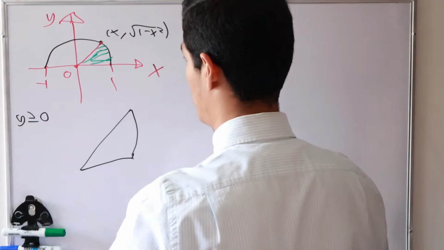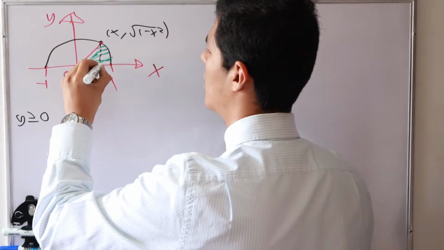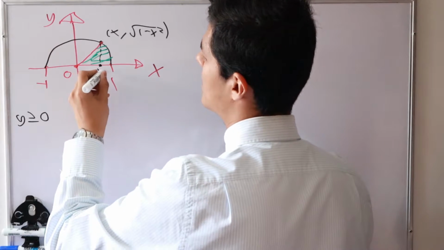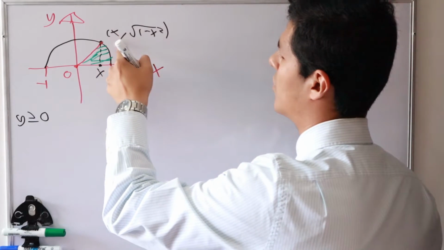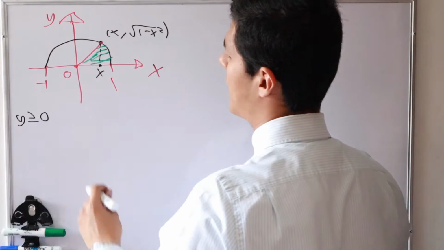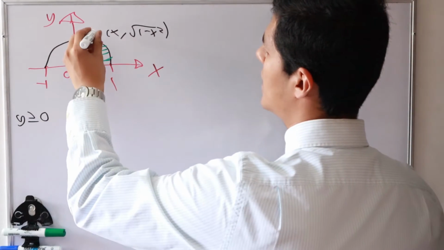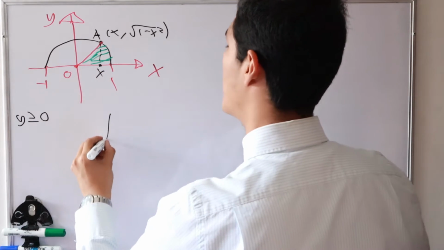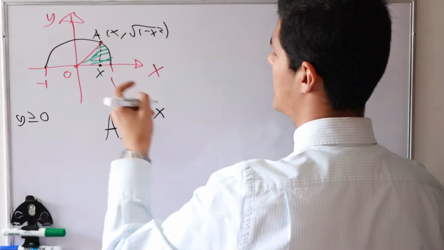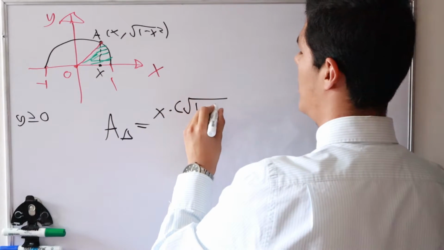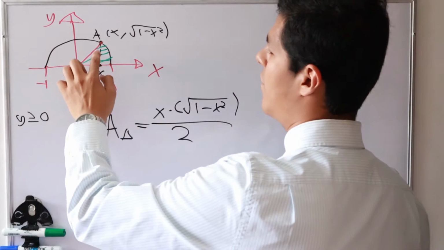The base of this triangle is x, because it's the first number in this ordered pair, and the height of this triangle is the square root of 1 minus x squared. So the area of the triangle equals x, the base, times the square root of 1 minus x squared, divided by 2. This is the area, so I found this area.